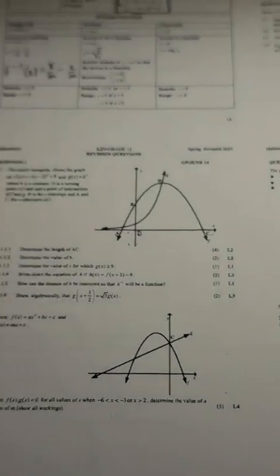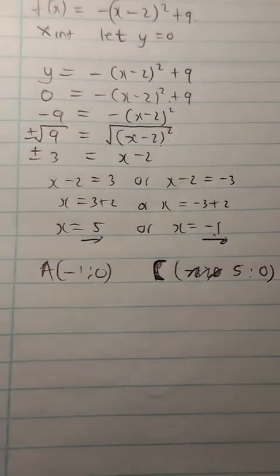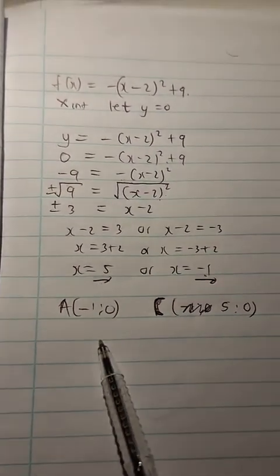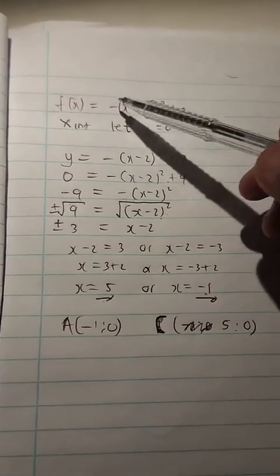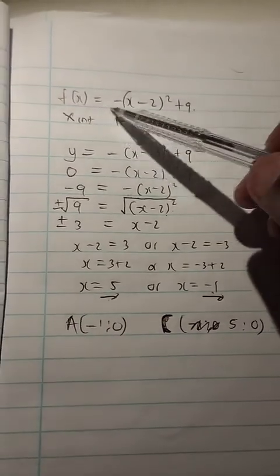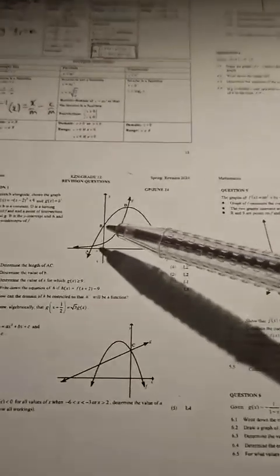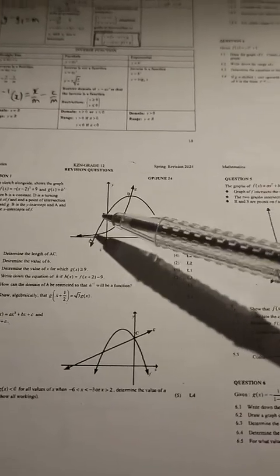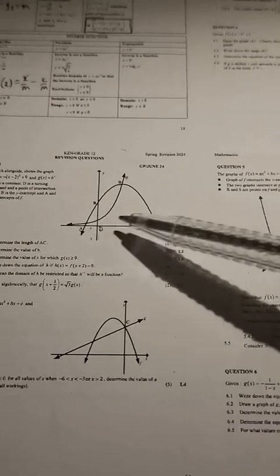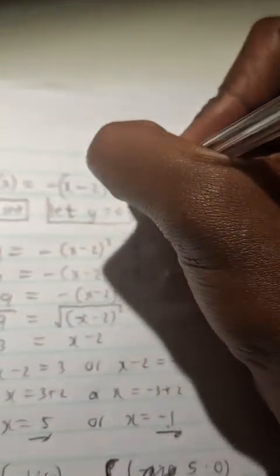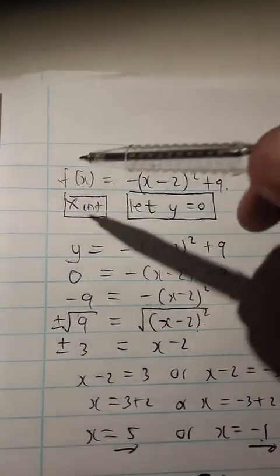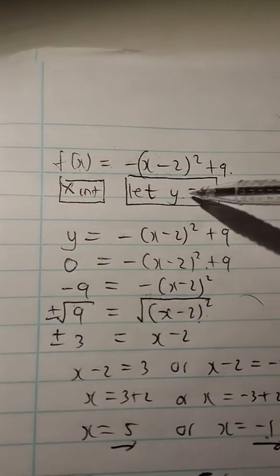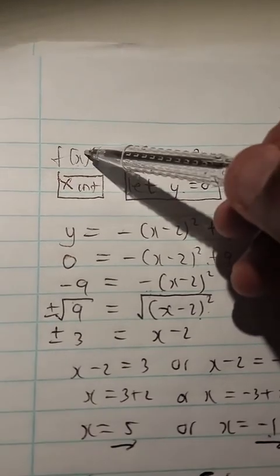Okay, are we together here, guys? I just want to repeat what I did. I wrote down the equation of f of x. Since the function f of x is the one that cuts through C and A, and I know that A is the x-intercept, I know that my x-intercept is where I let y be equal to 0. So I take the y and substitute in the place of y 0.